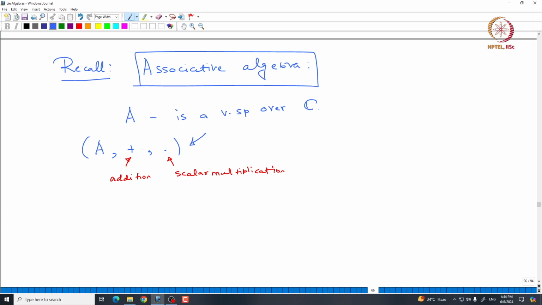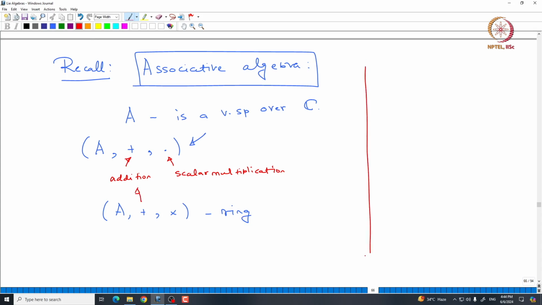Not only is it a vector space, it also has additionally a multiplication. So, that makes it a ring. We have addition and then multiplication, so that makes it a ring. The addition of this ring structure and the vector space structure are the same.